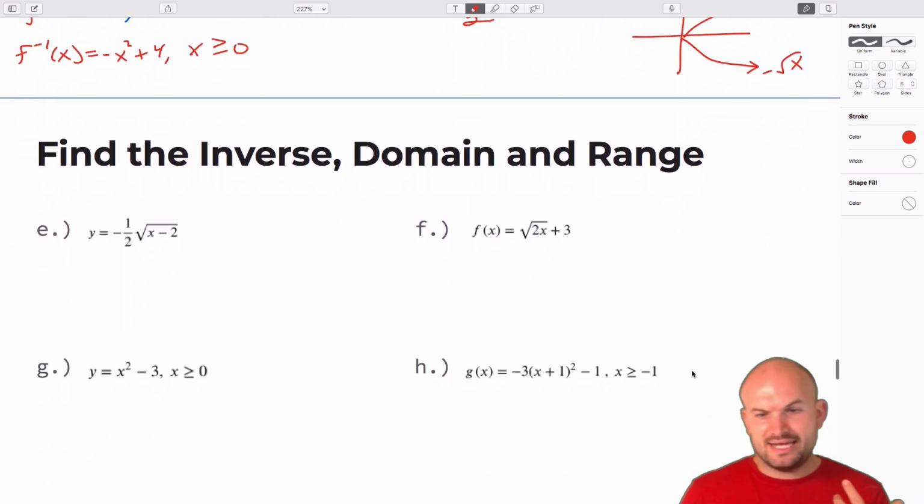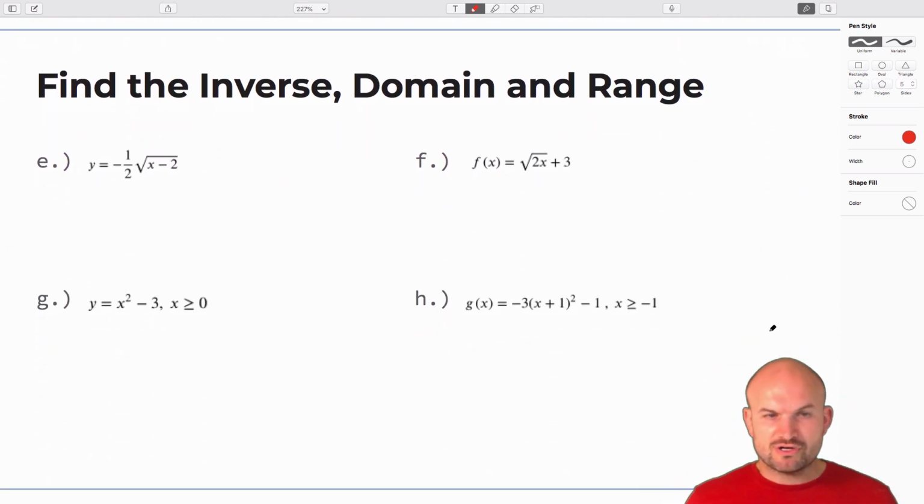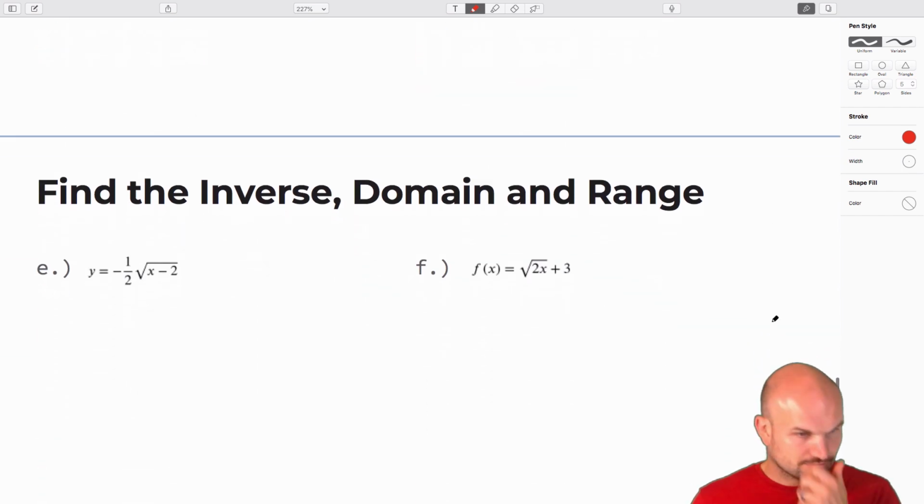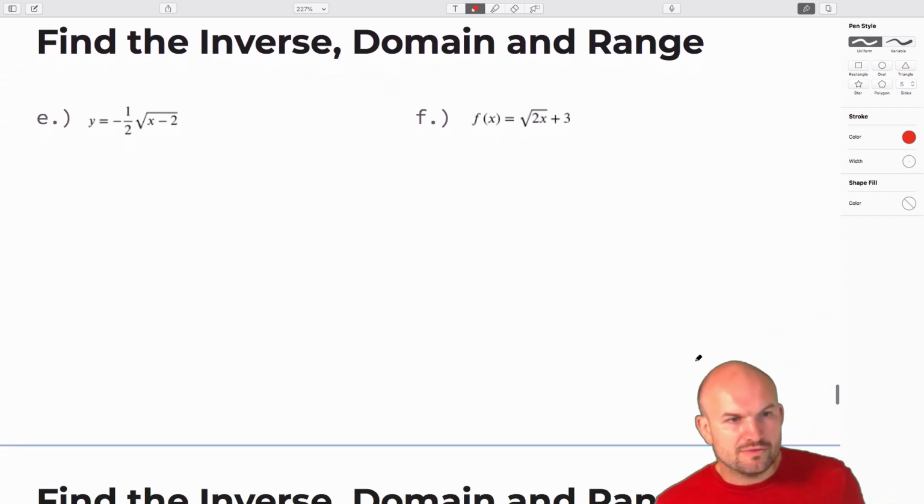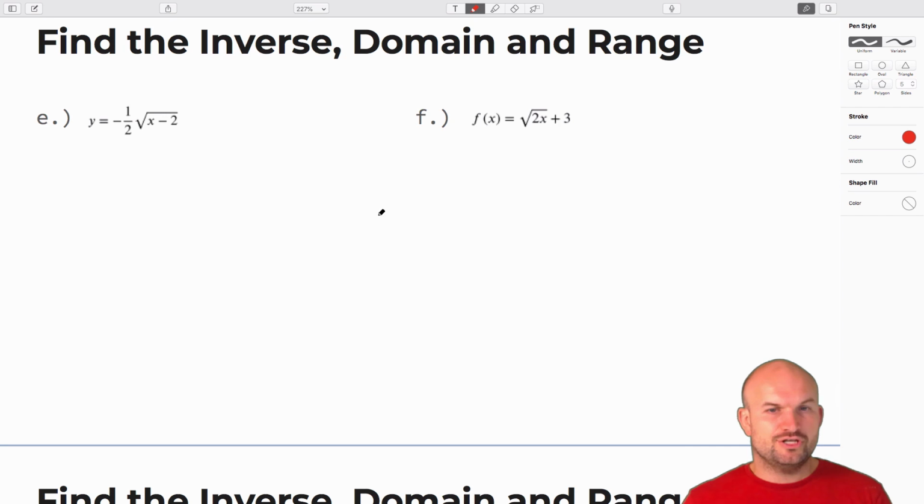Then I went ahead and gave them 4 examples to try with those restrictions. On those restrictions, again, the same idea, really quickly. We know what this graph looks like. Hopefully we recognize that it's 2 units to the right.